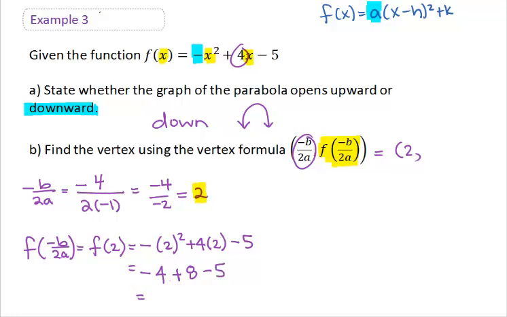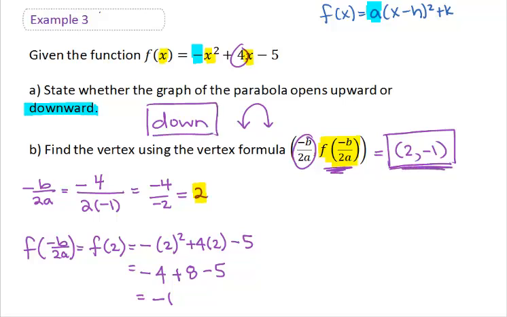Negative 4 plus 8 gives me 4, and 4 minus 5 gives me negative 1. So that gives me my second coordinate. Remember, vertex is a point or an ordered pair, so it must be in ordered pair notation. So we know that this parabola opens down, where your vertex is at 2, negative 1.